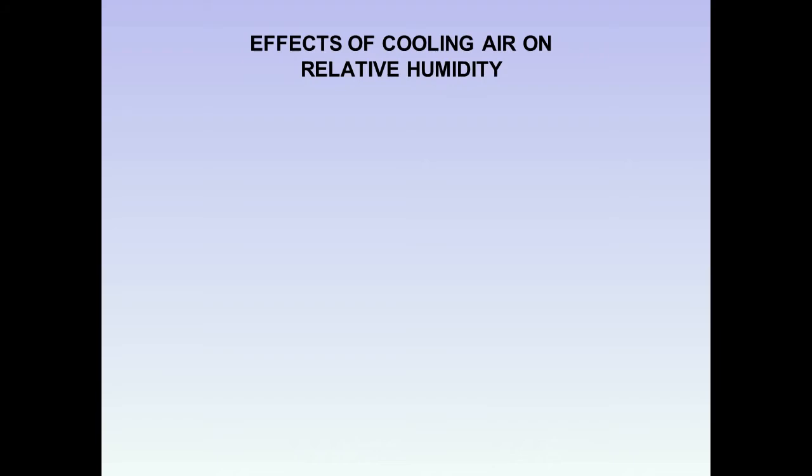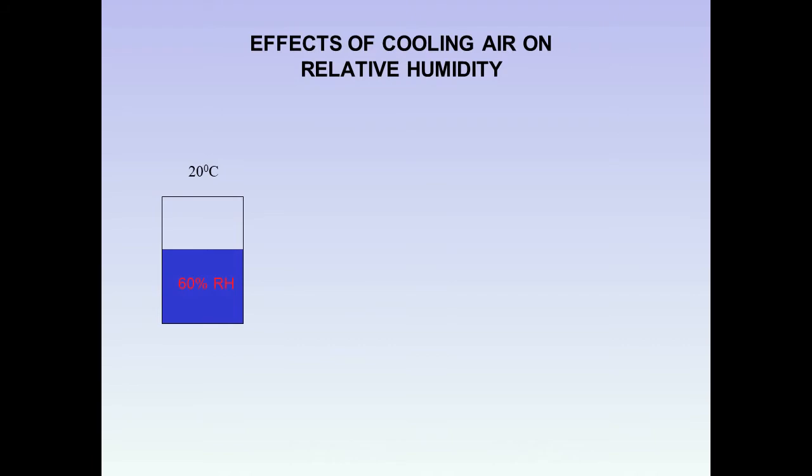So what are the effects of cooling air on relative humidity? Well, let's imagine the air as a bucket. The warmer the air, the bigger the bucket. Conversely, the colder the air, the smaller the bucket. And so we start off in our hypothetical case here, 20 degrees, biggest bucket, 60% relative humidity. That bucket is containing 60% as a proportion of its volume.